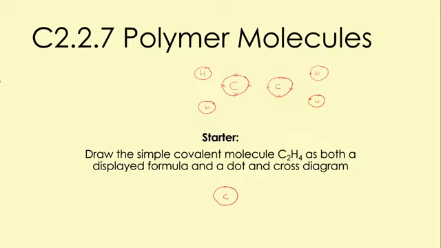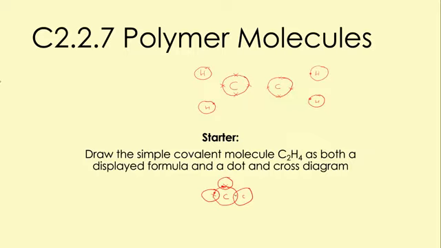I've not got enough hydrogens to go on each of those, so I'm going to put 2 hydrogens on each carbon to start with. So there's 1 carbon. Now I know I'm going to have to overlap, because I've not got enough hydrogens, I'm going to have to overlap the other carbon there.